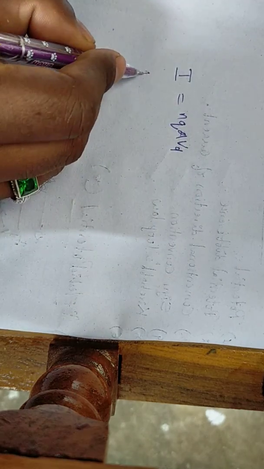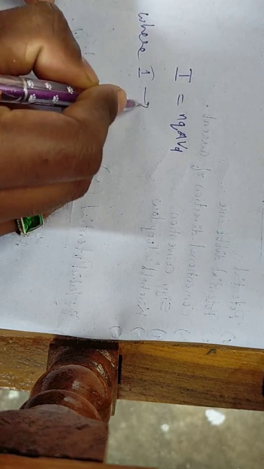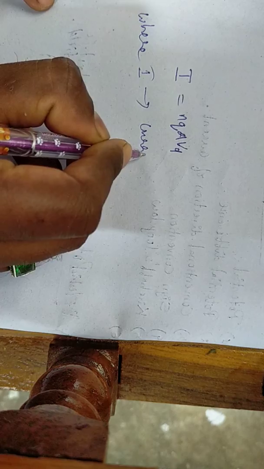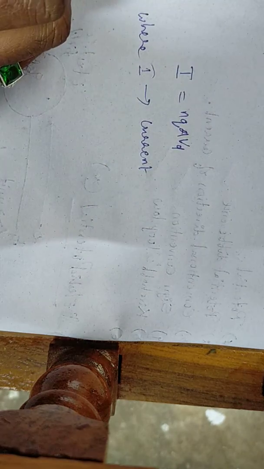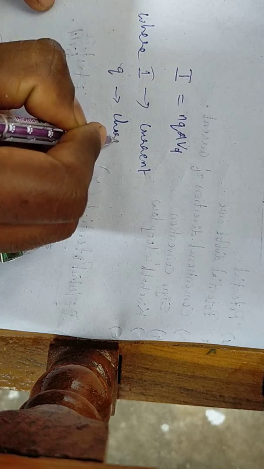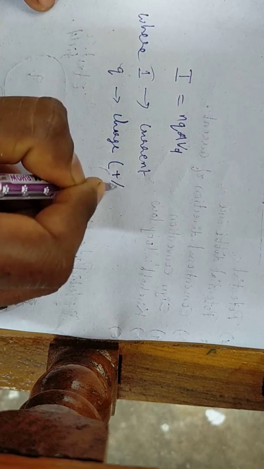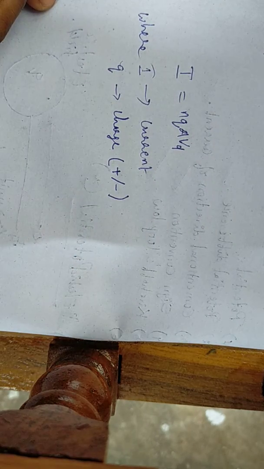So where I is current, Q is charge, either it may be negative or positive, whatever it is.